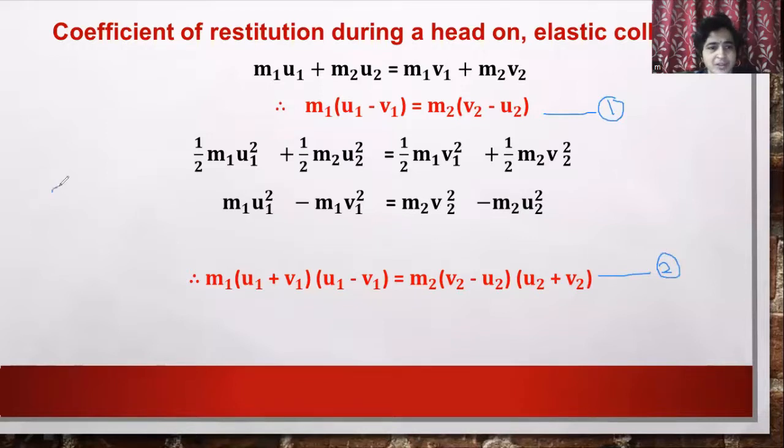So what we shall do is equation 2 divided by equation 1. That is, this equation divided by this equation. This m1 will get cancelled. m2 will get cancelled. u1 minus v1 will get cancelled. v2 minus u2 will get cancelled.